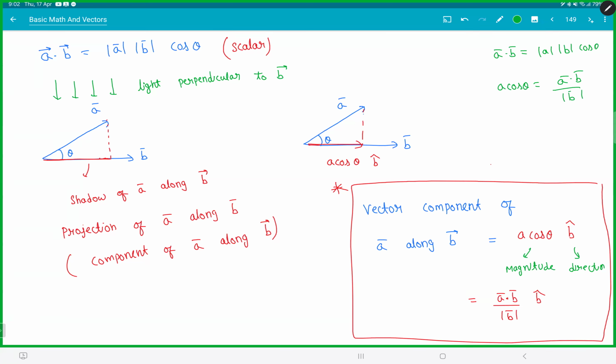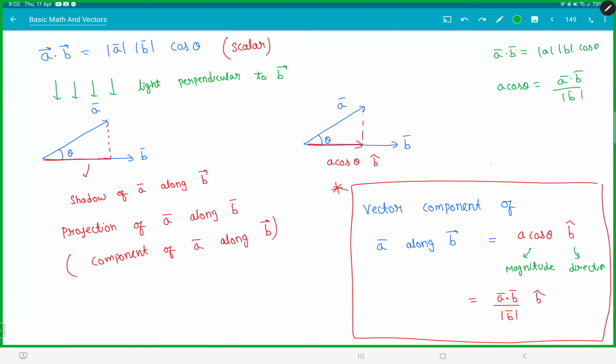So if I give you two vectors, and ask you the length of the shadow of one vector on another vector, this is how you find it. a cos theta is the length of the shadow, and b cap is the direction of that shadow. a cos theta can be written as a dot b by mod b bar. I'll show you how to calculate a dot b exactly, but let's see the interpretation of it.